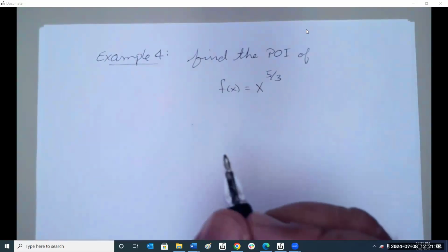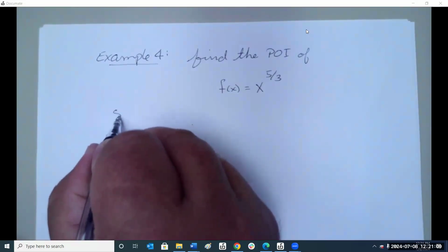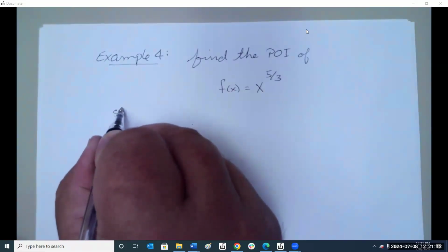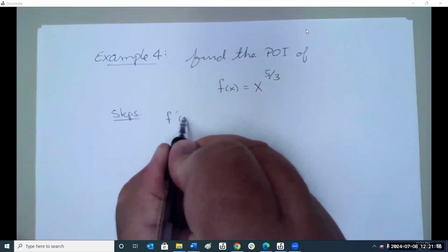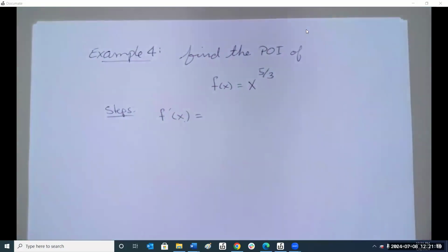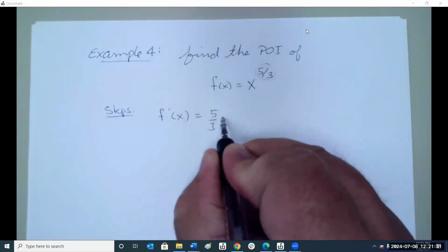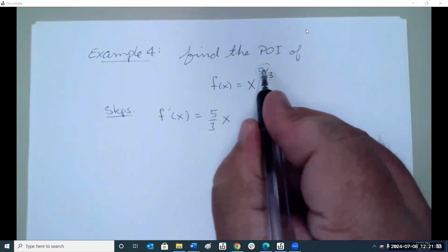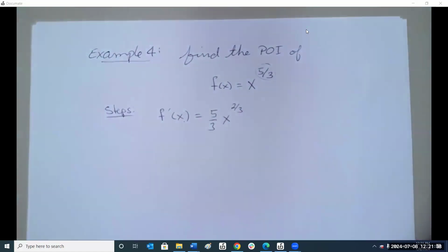So what do we got to do? We first have to find the first derivative. So what's the first derivative going to be? The power comes down, which is 5/3, and you subtract 1. So 5/3 minus 3/3 is 2/3. That's the first derivative.